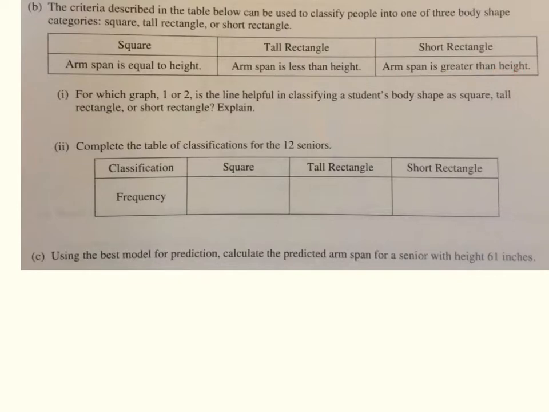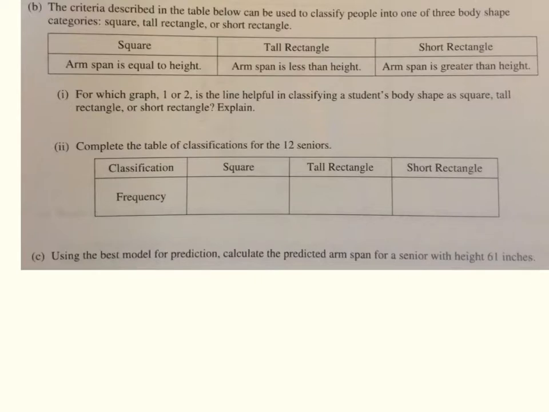All right. So what we're doing then is, for which graph, 1 or 2, is the line helpful in classifying a student's body type as square, tall rectangle, or short rectangle? Which graph is the better graph to use?